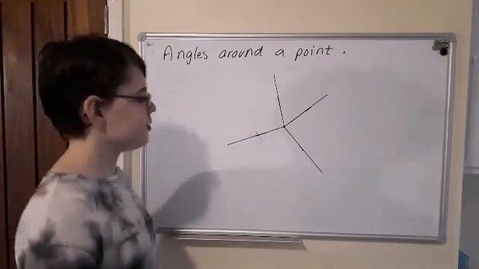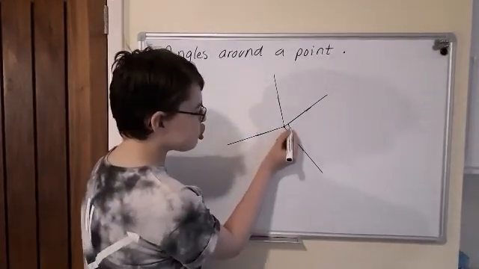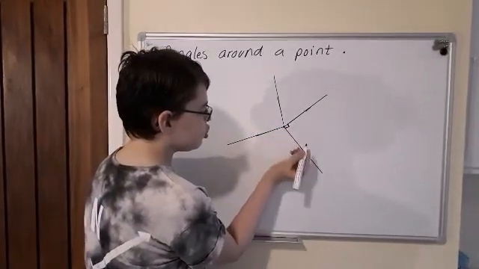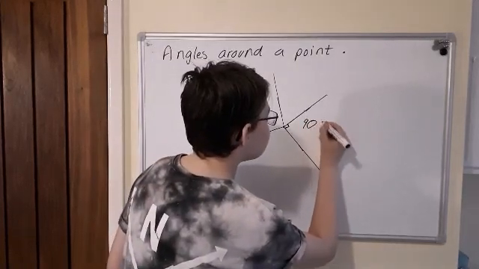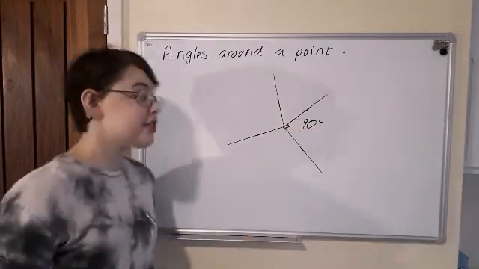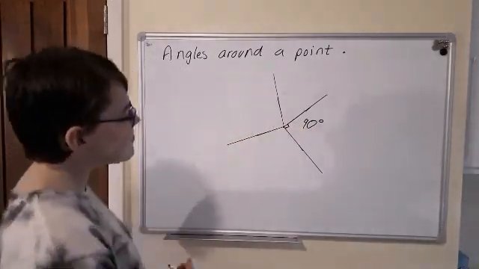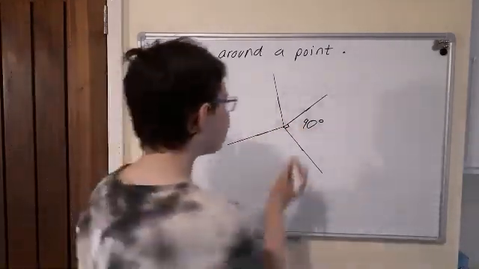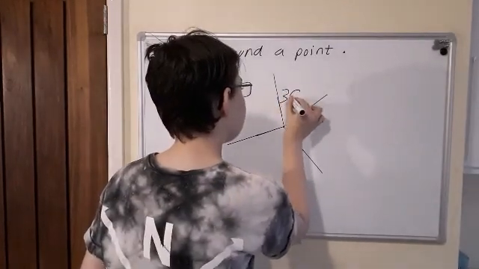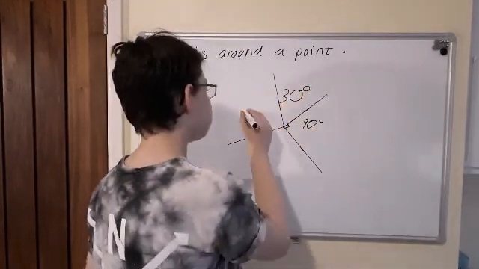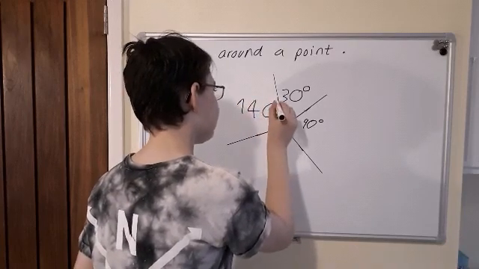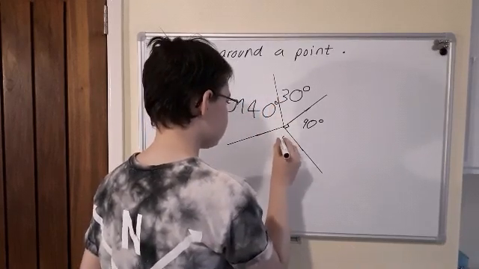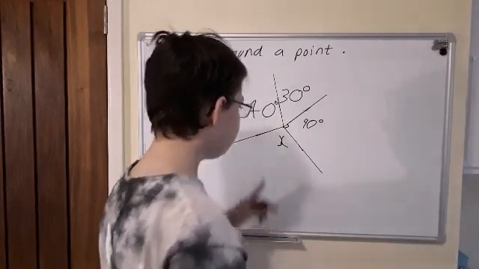So what's this? This looks just like a right angle, so we're going to draw a little box. Now we all know right angles are 90 degrees. Let's have this angle as, it looks like around 30 maybe. 30 degrees. This one will be 140 degrees, and this is angle X. Unknown.